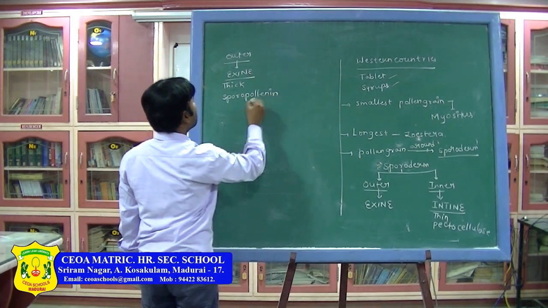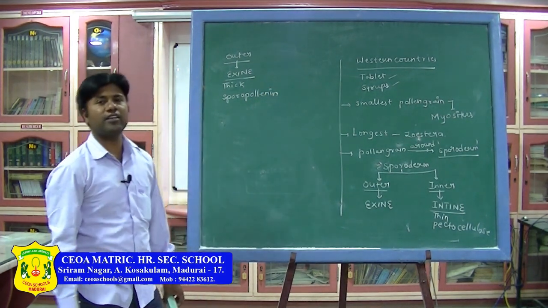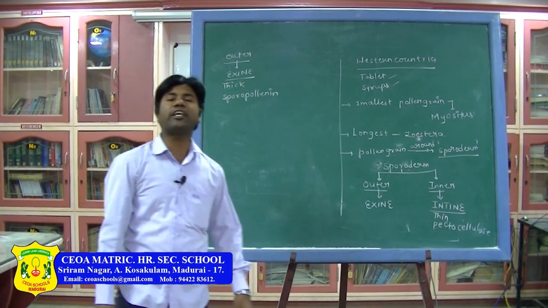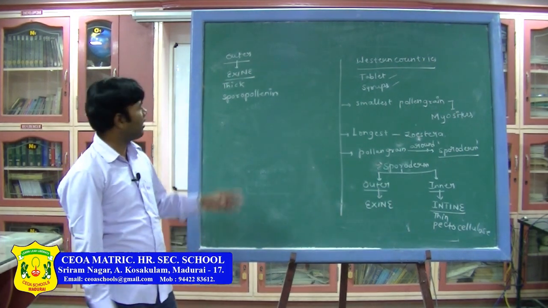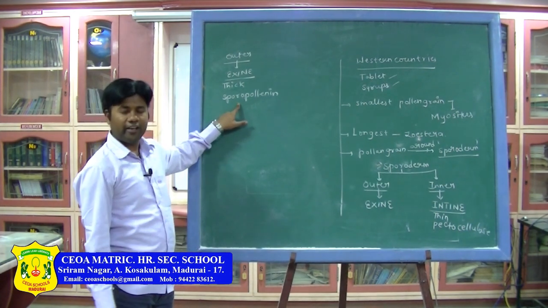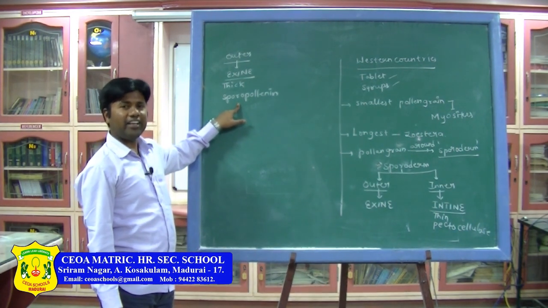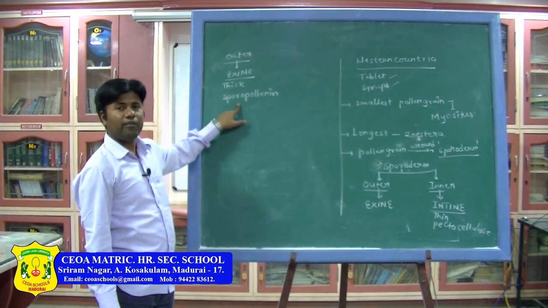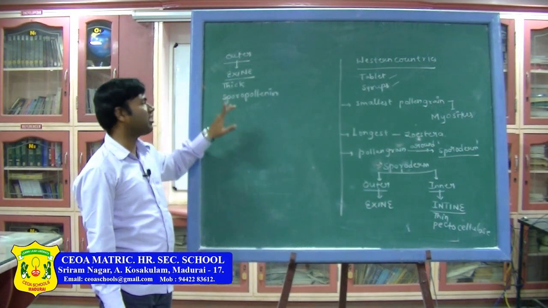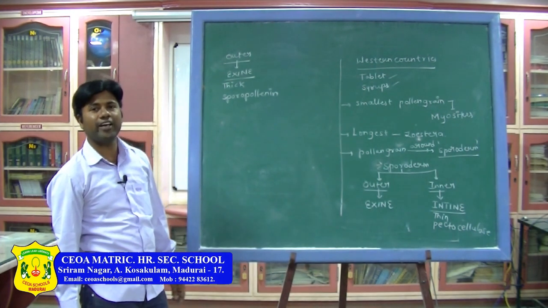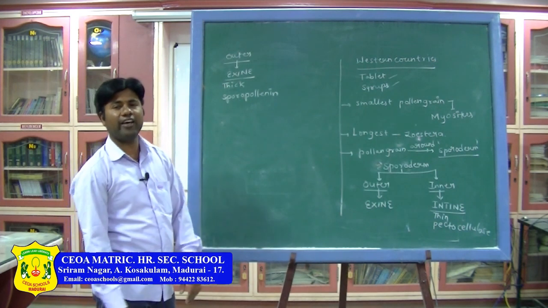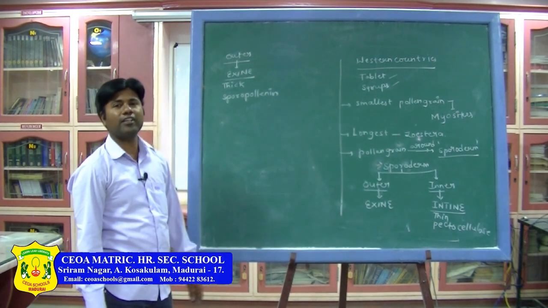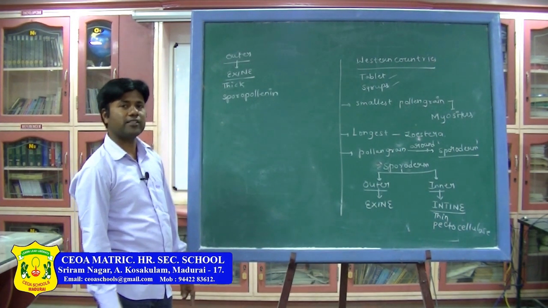Exine is made up of sporopollenin, one of the strongest substances we have seen. No enzyme degrades it, biological action cannot degrade sporopollenin, and organic acids and alkalis also cannot degrade it, even high temperature cannot degrade it. It is so strong that it can be preserved in the soil as a fossil. It will be helpful for scientists in research also.